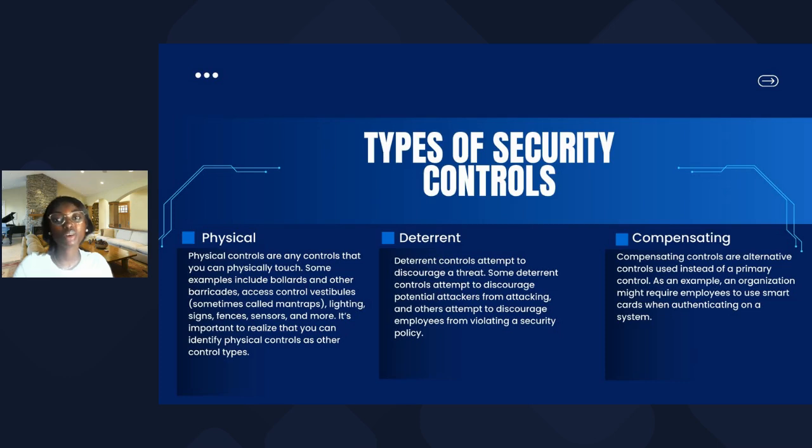An example under this category can be bollards, barricades, or the fence you have around the organization, right? A fence might just look like one of the fancy things your organization has put in place, but you'll be shocked to know that it is actually a type of security control that falls under the physical.